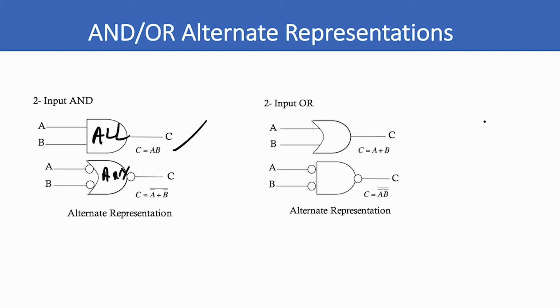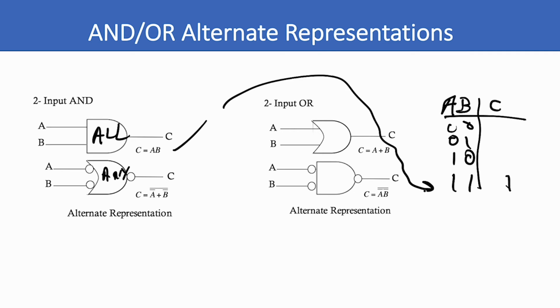And if we look at an AND gate truth table for 2 inputs, it says all highs give a high. So that's this one right here. So this case covers that one.